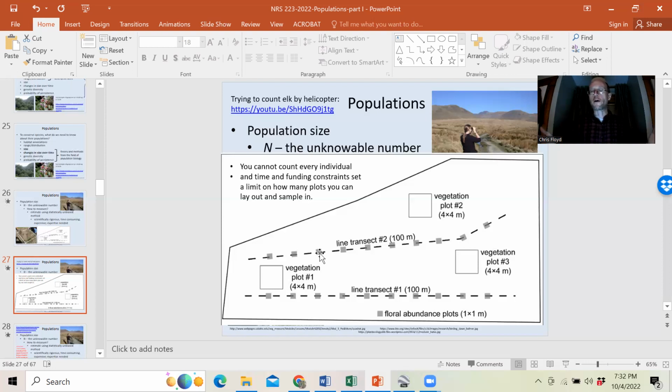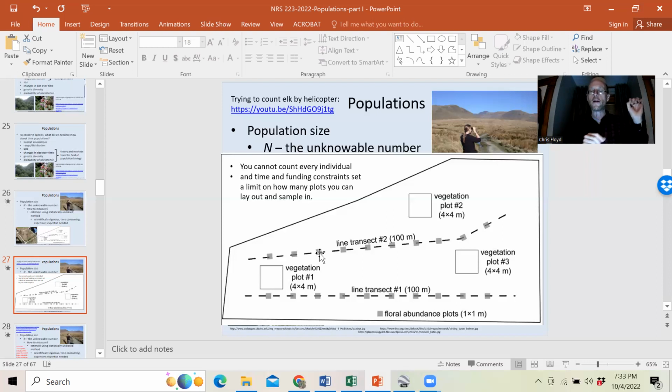If you're going to do research on plants, you're going to have a lot more quadrats, or a lot of line transects. So the more samples you take, the closer you get to an accurate estimate, or at least the more precise your estimate. It's not always necessarily more accurate, but it is more precise.